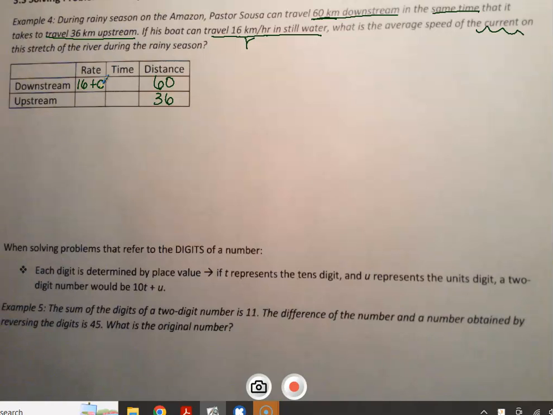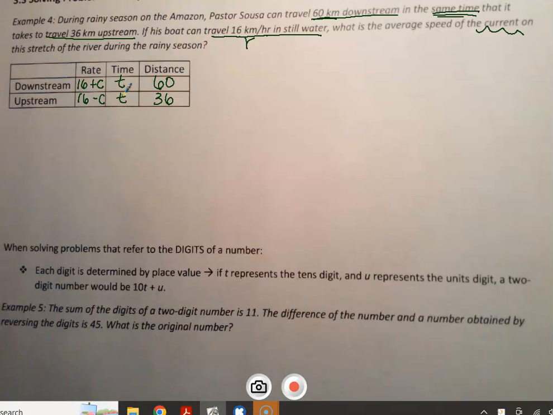So if he's going upstream, he's rowing against the current, his speed is 16 minus the speed of the current, whatever the current is. If it's 2 or if it's 7, we don't know. Hopefully that makes sense because the rate, I feel like, is the hardest part of this problem. And then our time. We don't know how much time it is, but we know that it's the same time. So we can just put t in there.